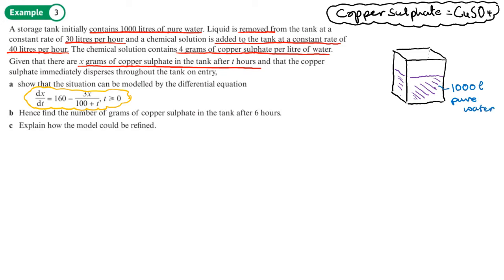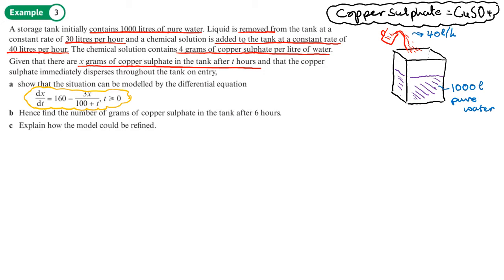Then we've got liquid being poured in. So let's do like a little cup here, and liquid is being poured into the tank, and it's being added to the tank at a constant rate of 40 litres per hour. But water is also removed from the tank.